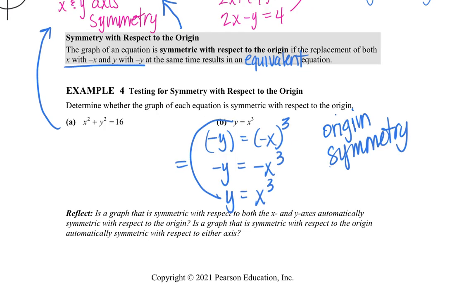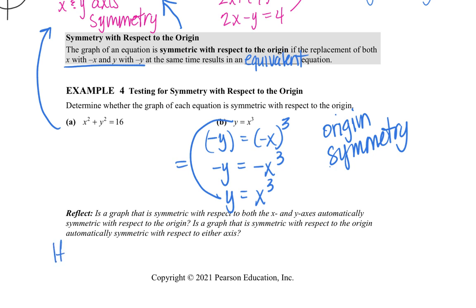It says, is a graph that is symmetric with respect to both the x and y axis automatically symmetric with respect to the origin? Is a graph that is symmetric with respect to the origin automatically symmetric with respect to either axis? If it's symmetric to both, then it is symmetric to the origin.